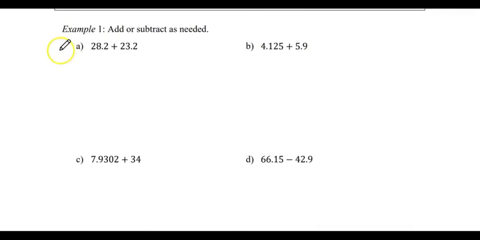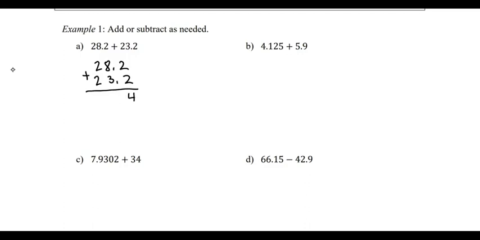Here's our first example, example 1, and we have a couple of problems to do here. So we have 28.2 plus 23.2. We're going to line those numbers up, 28.2 plus 23.2. As long as your decimal points are right on top of each other, you just add the digits as if they were whole numbers.